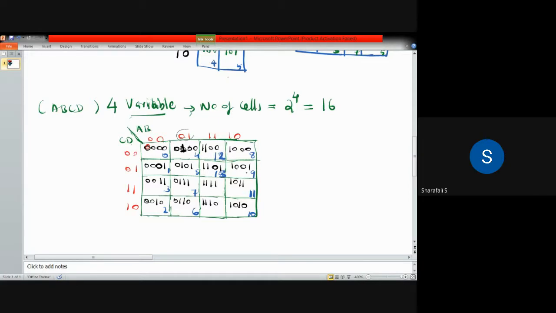Okay, so this one is 13. Then this one is 14.